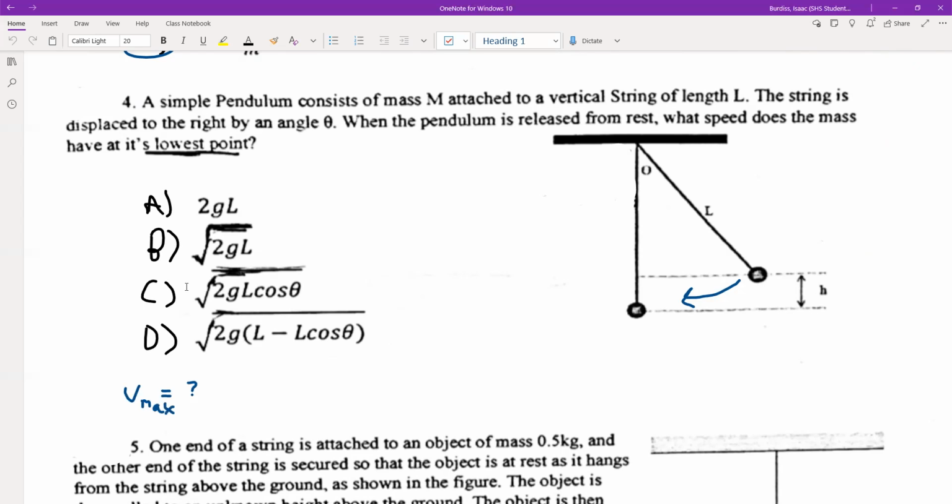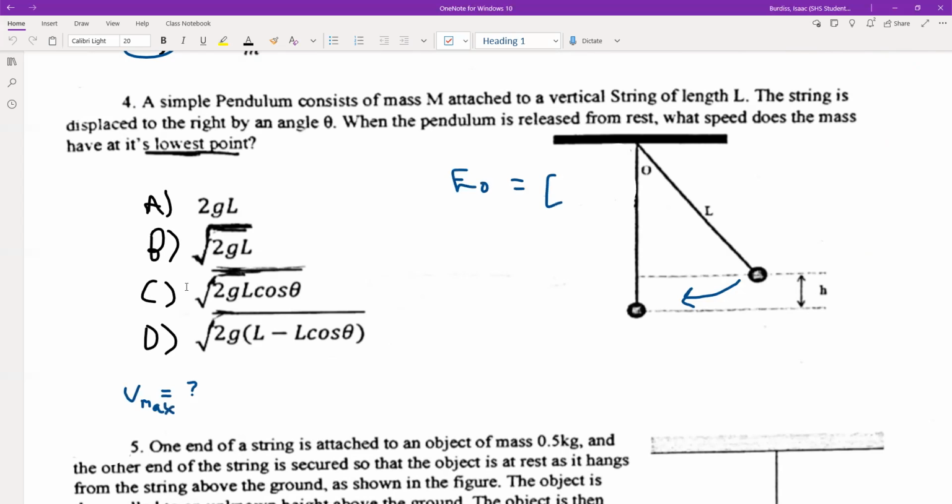So what do we use? Well, now we're trying to find equations. So what equations have L, v, and h in them? You would find out that they're your energy equations. And your energy equation says that the initial energy equals the final energy.